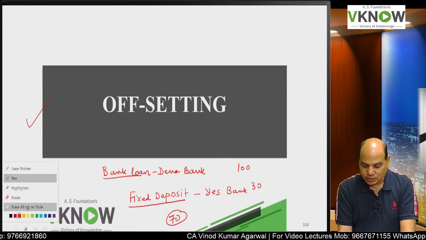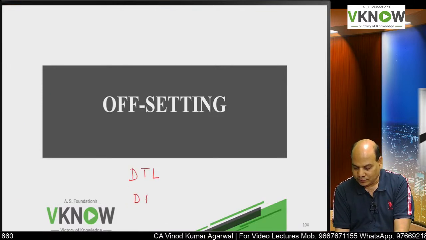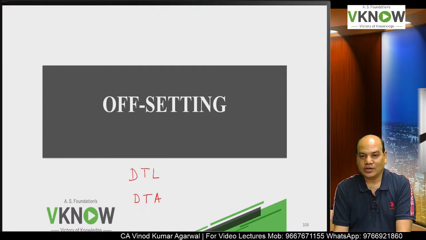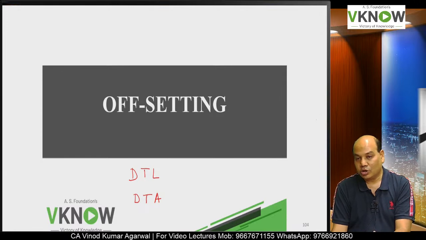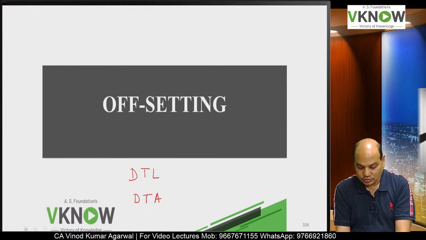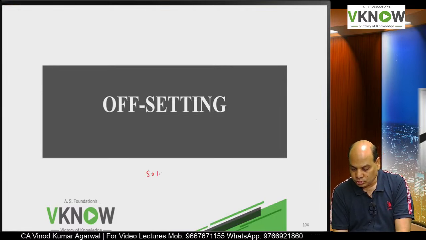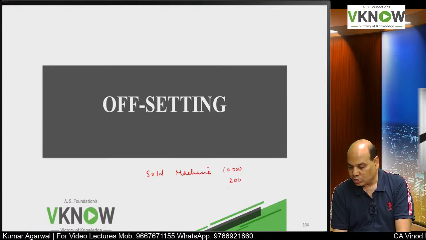In Schedule 3 we have seen, suppose you have deferred tax liability and deferred tax asset. If they arise under the same governing tax law, then they can be netted off. That is called offset in the balance sheet. Similarly, in the P&L account, you sold a machine for 10,000 rupees, and you incurred 200 rupees commission to complete the sale.